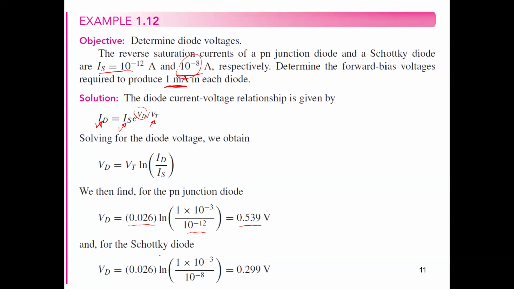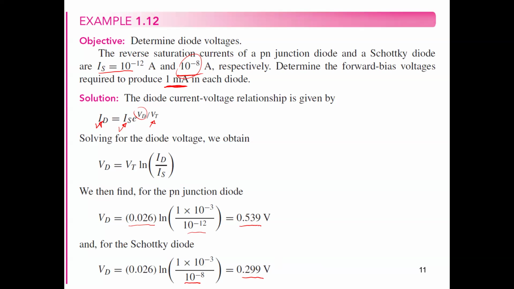If you consider the Schottky diode here, guys, substitute with the saturation current 10 to power minus 8. So we need only 0.299 volt to have 1 milliampere current. So this is the difference now, guys. The voltage required to initiate 1 milliampere current in the Schottky diode is less than the volt required for the traditional diode.